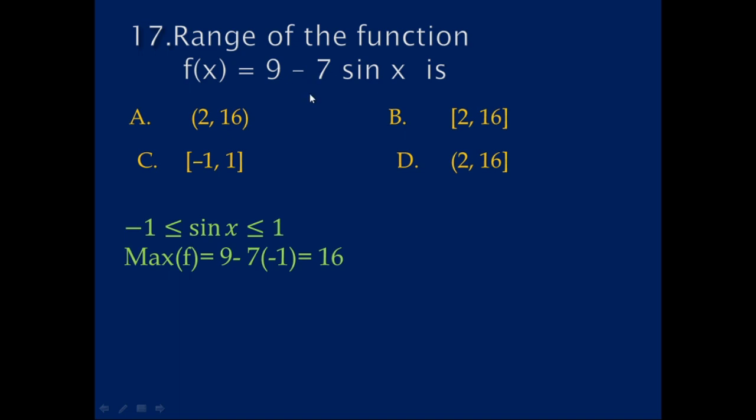Minimum value of sin x is minus 1. Therefore, 9 minus 7 times minus 1, minus minus plus, 9 plus 7, is 16.